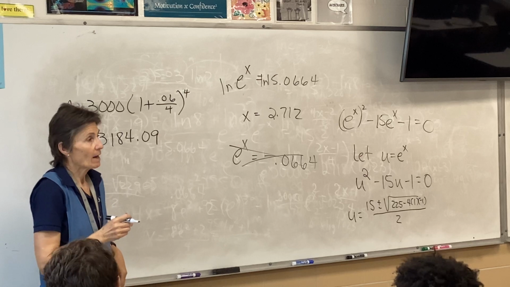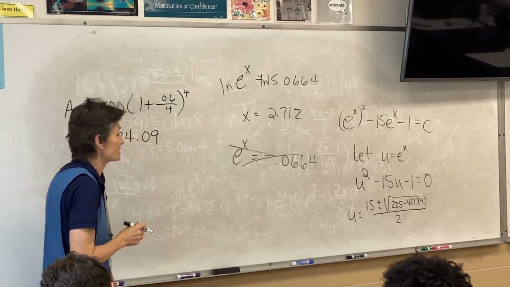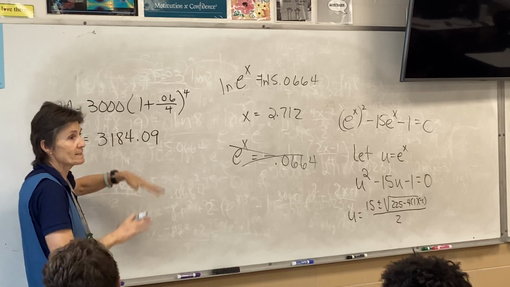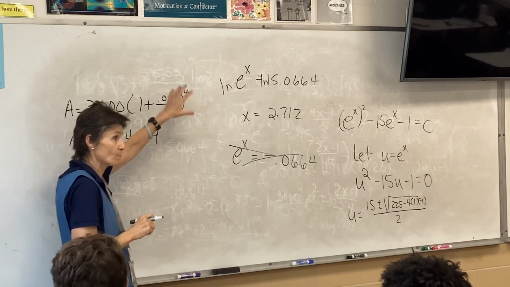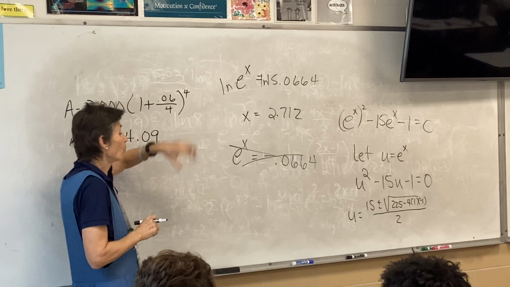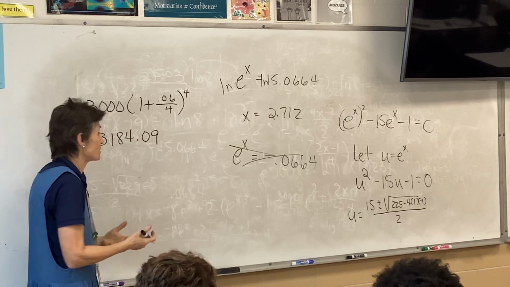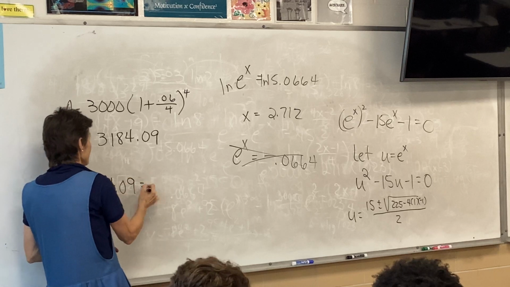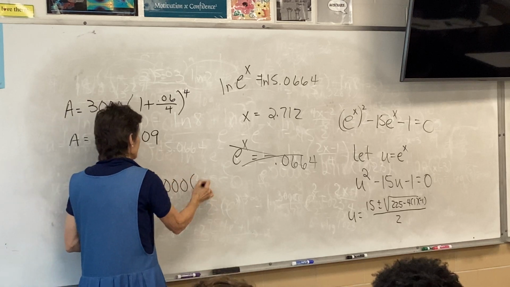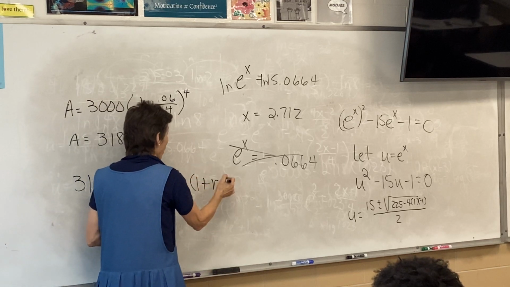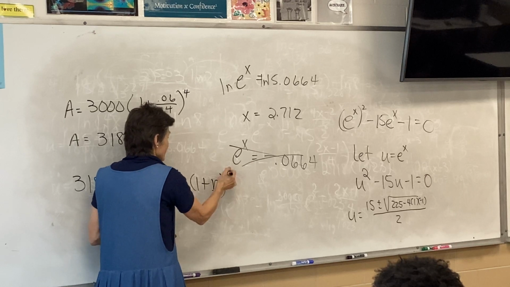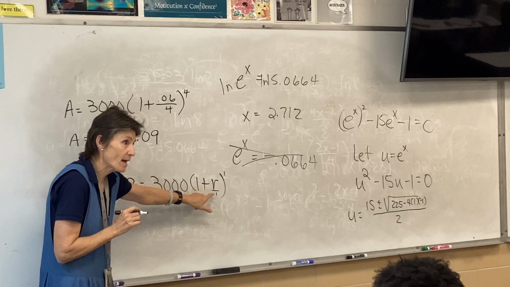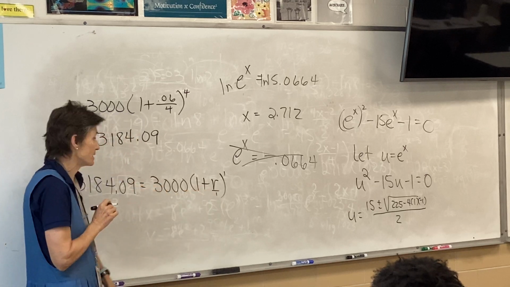Now, annual percentage yield is, if we had only compounded once a year, instead of 4, because we have compound interest, what would have been that interest rate? So in other words, 3184.09 equals 3,000 times 1 plus R over 1 to the 1. What is that R right there? That's going to be your annual yield.